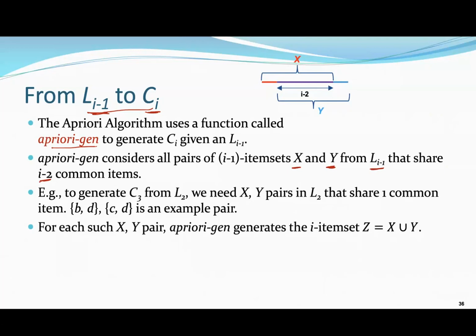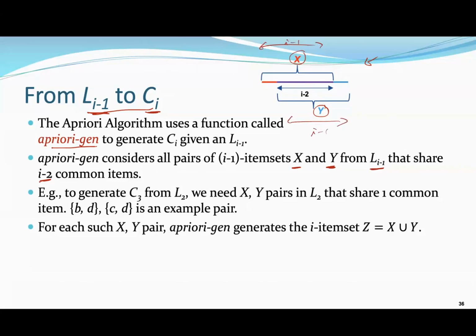On the top right, we have a little illustration. This represents item set X, and this represents item set Y. Both of them are taken from L(i-1), so each one of them has i-1 items.